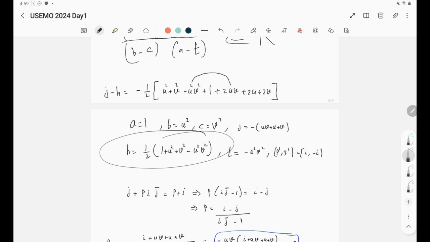So if you take minus as a common factor, it's uv minus 1 all squared. So this seems a little nice. So basically this thing is just half times u plus 1 squared plus v plus 1 squared minus uv minus 1 squared.